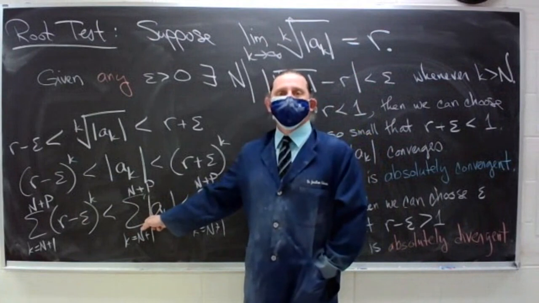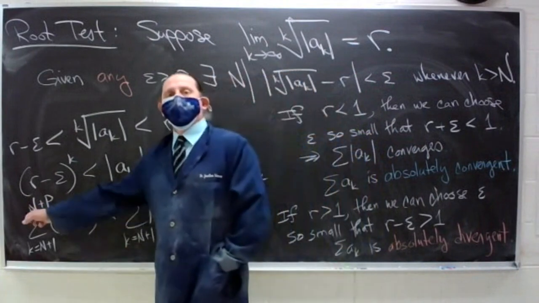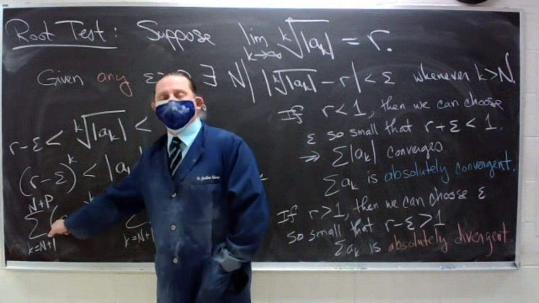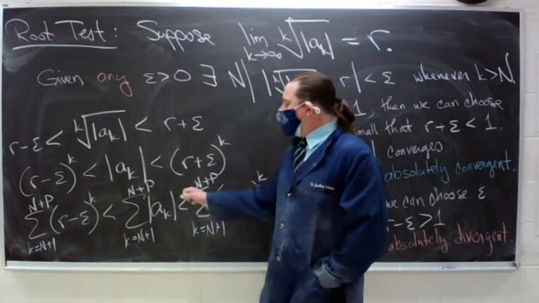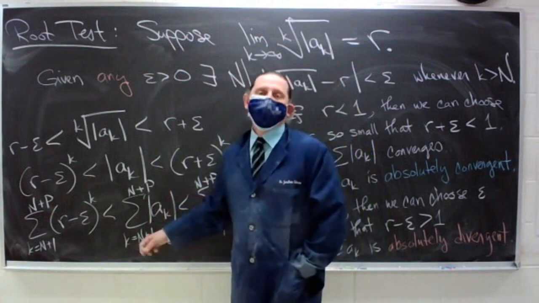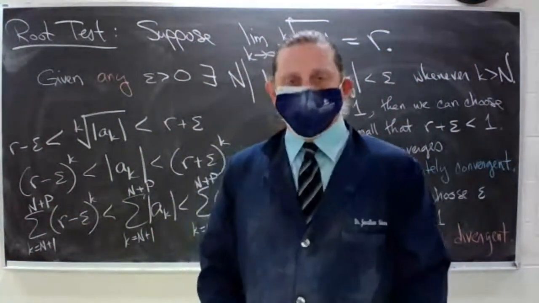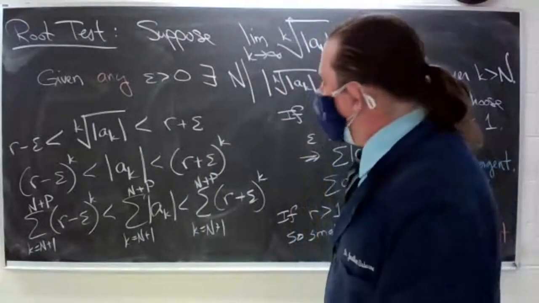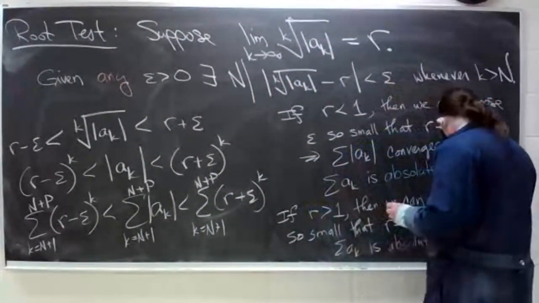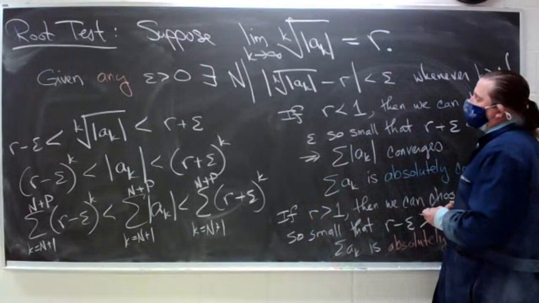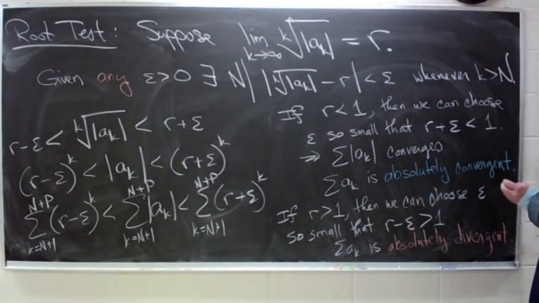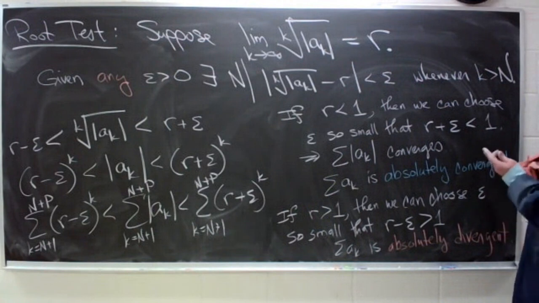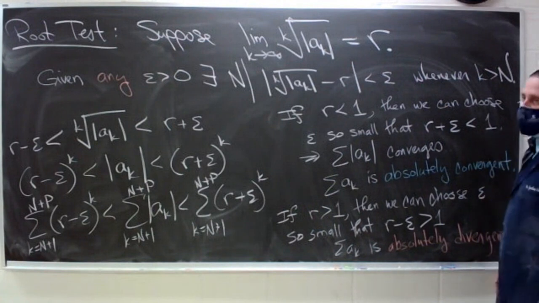So our series of absolute values lies between an absolutely convergent and an absolutely divergent series, telling us absolutely nothing about the series itself. So, as we know from previous investigations, if r equals 1, the root test fails.